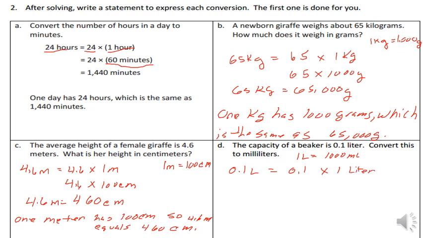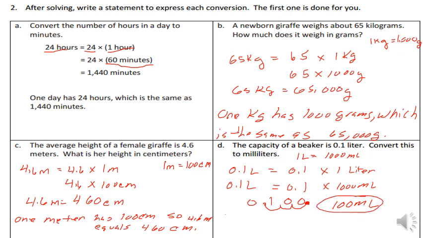Now I'm going to replace this 1 liter with 1,000 milliliters times 0.1. And now when we multiply by 1,000, we know it's going to shift three place values. So I have 0.1. I'm going to shift three place values: 1, 2, 3. So now we can see that we'd end up with 100 milliliters.